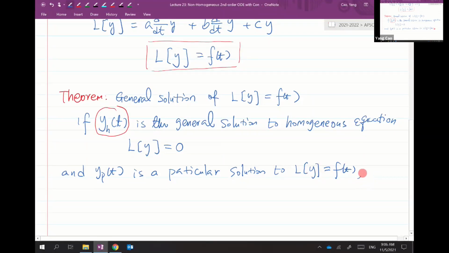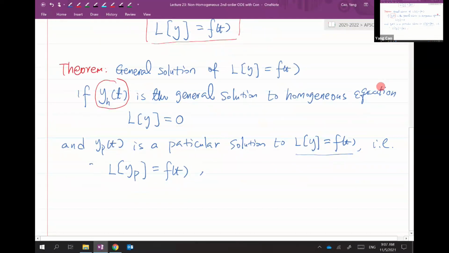So yp is a particular solution to the non-homogeneous ODE we're looking for. If you recall, what is a particular solution? It's not the general solution. It's just some solution that fits this equation. So if you substitute yp into this equation, it should satisfy the equation. That's why it's called a particular solution.